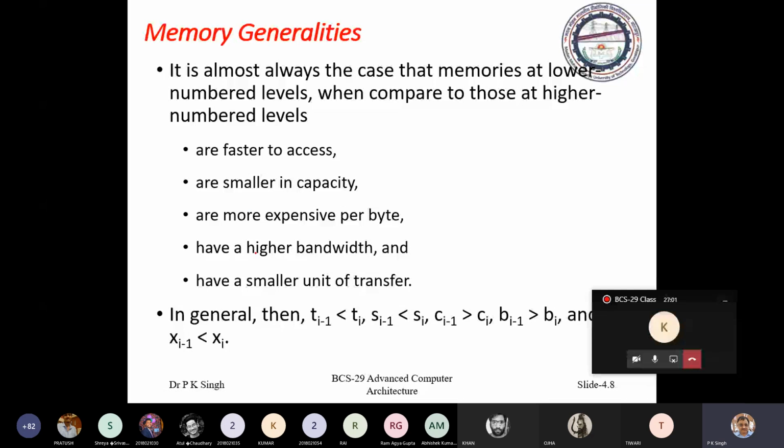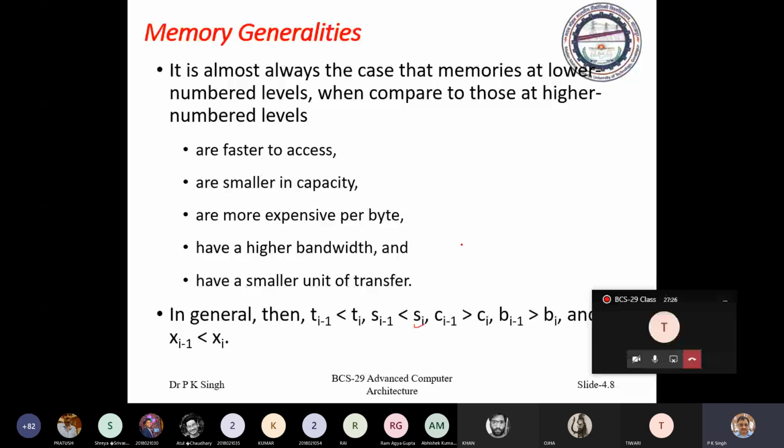For all parameters, Ti minus 1 is less than Ti, where T is the access time. Storage capacity of the lower level is less than the higher level. It is clear to you.